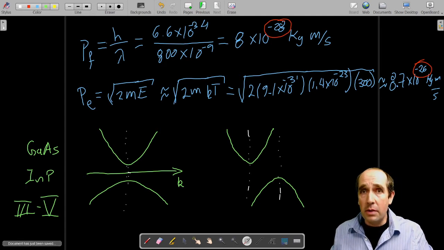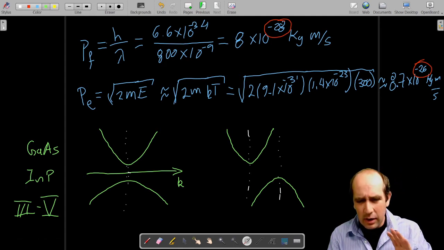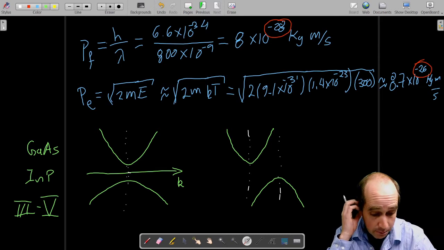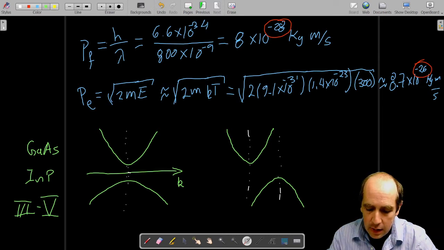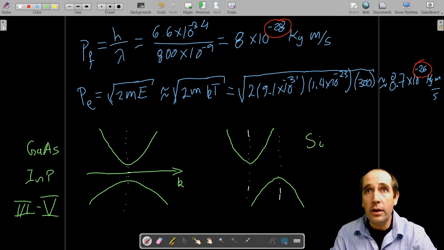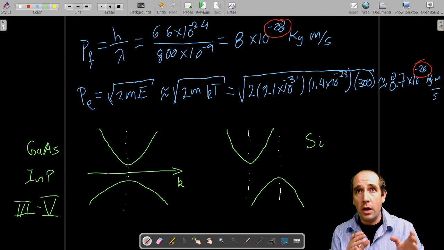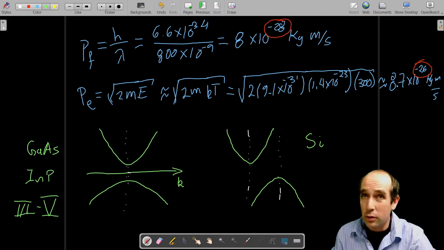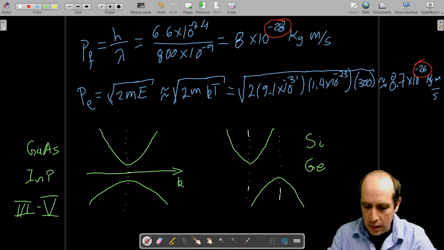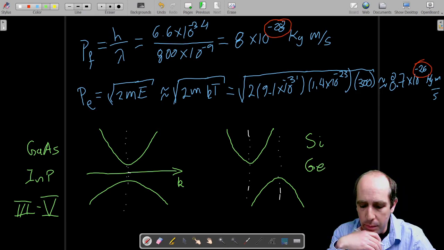But many other materials, and this is not entirely expected, at least I wouldn't expect you to expect this, but silicon, for example, is actually of the other type. The minimum of the conduction band and the maximum of the valence band do not align with each other. Germanium is another case. These are both group 4 semiconductors.